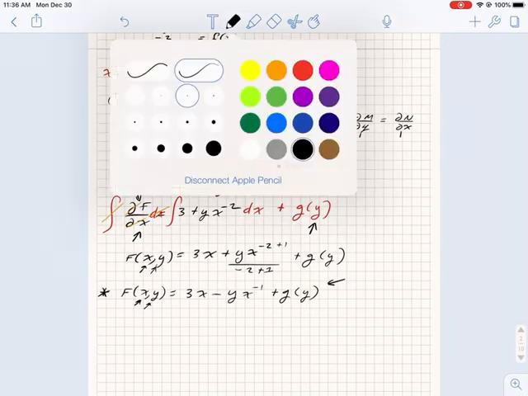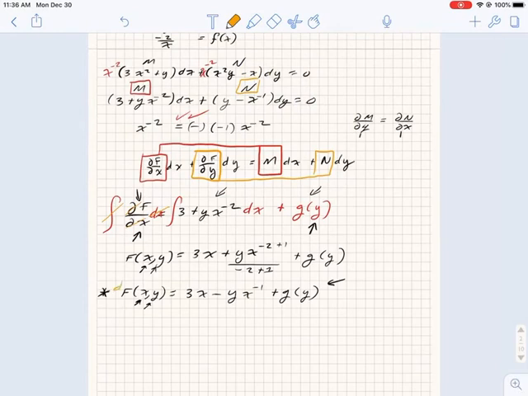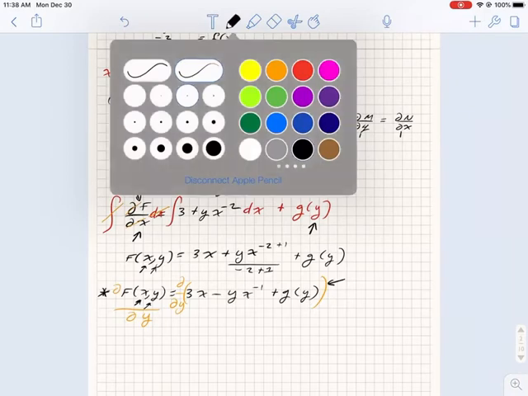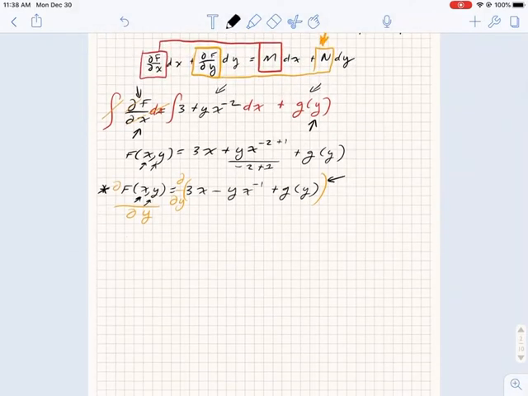N is this function. So what if we took the partial derivative of this function with respect to y, and then the partial derivative of this function on the right side with respect to y? Then we will find that whatever we find taking the partial derivative, we could set it equal to n. So that's what we're going to do.